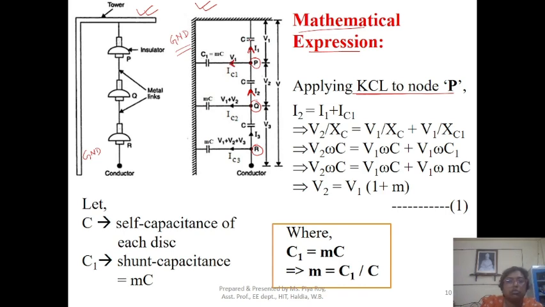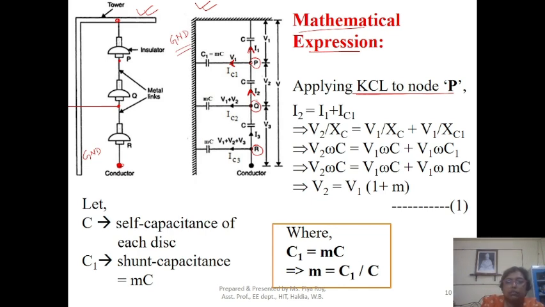Here C is the self capacitance and C1 is the shunt capacitance. This capacitance C arises between the cross arm and the metallic part of the insulator. So this is the cross arm part and here is the metallic part. Again with this metallic part, the Q insulator metallic part is connected, and here is another metallic part, and the conductor itself is a metal.